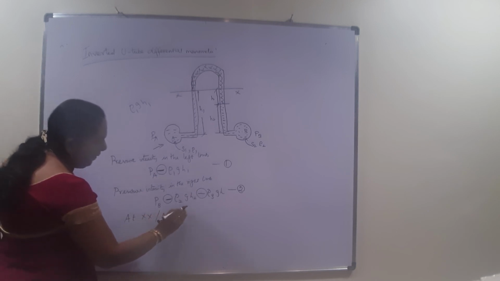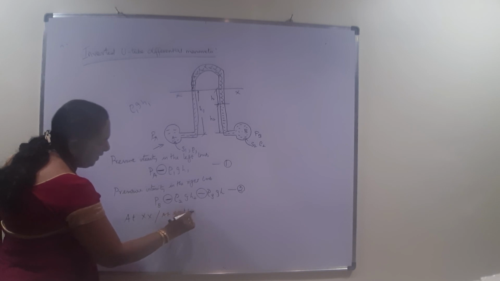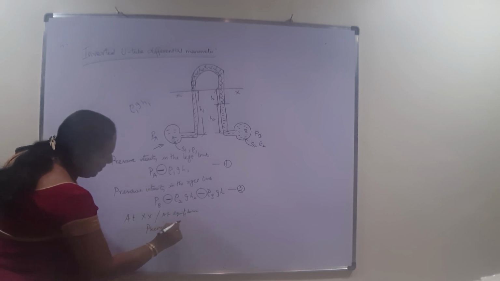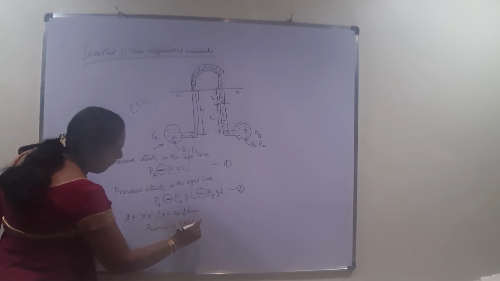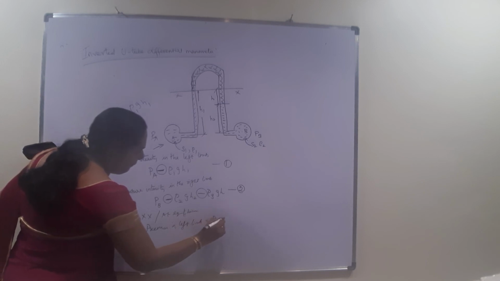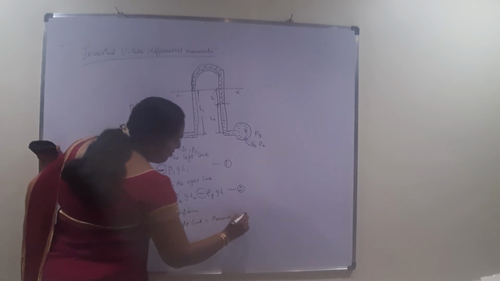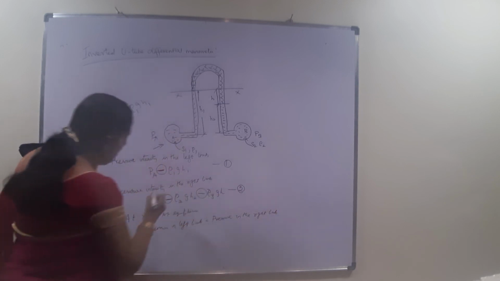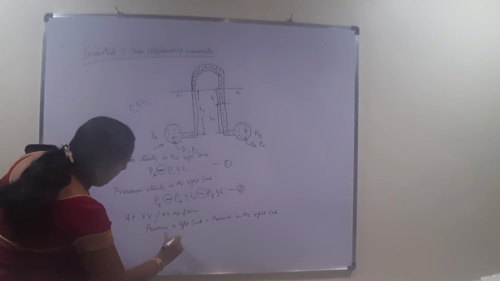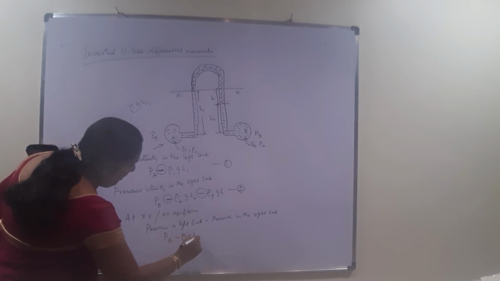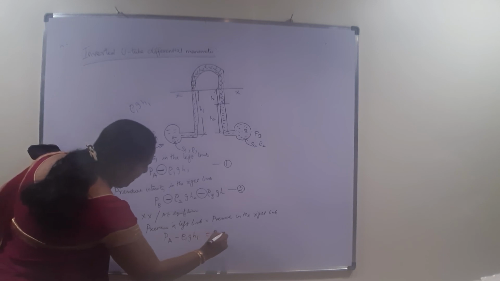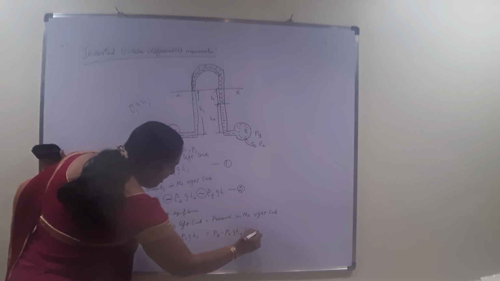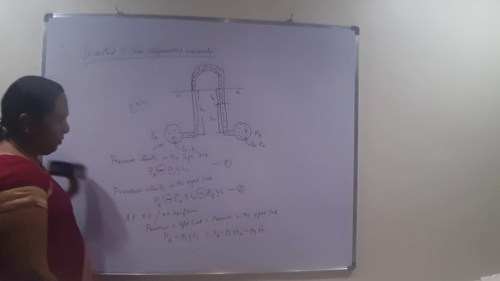At XX, at equilibrium, both are the same. The pressure in the left limb is equal to the pressure in the right limb. So we just equate these two. The pressure in the left limb is PA minus rho 1 g H1, equal to PB minus rho 2 g H2 minus rho G g H. So we have got the equation.